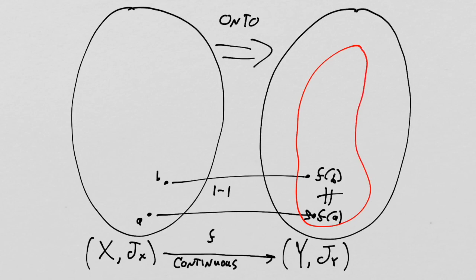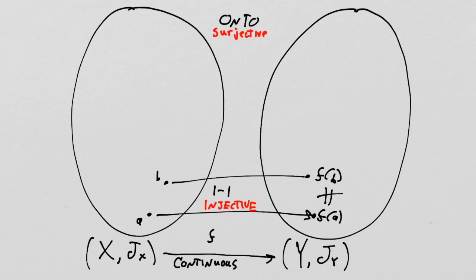So there's two words for this: surjective and injective. If you're onto, it's also called surjective. If you're one-to-one, it's called injective. If you're surjective and injective, then you are called bijective. So you can talk about those principles without a topology. You do not need a topological space to talk about injectivity, surjectivity, or bijectivity.